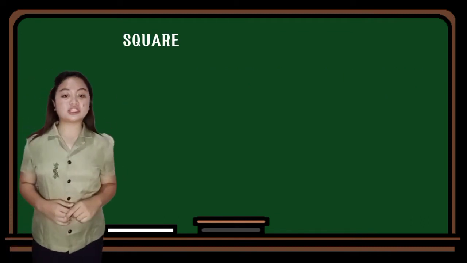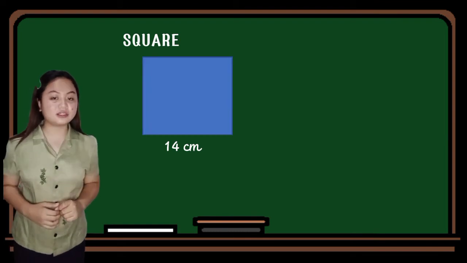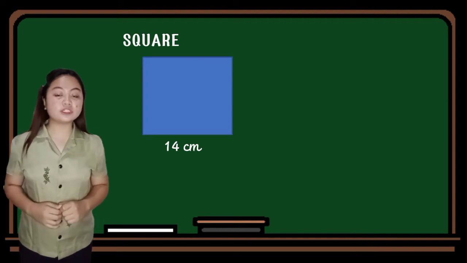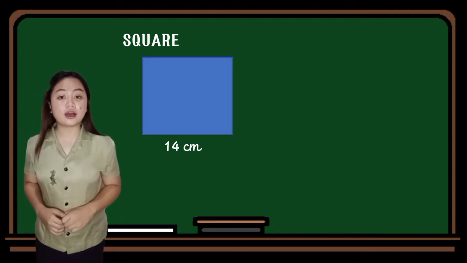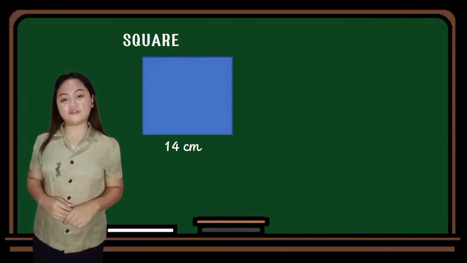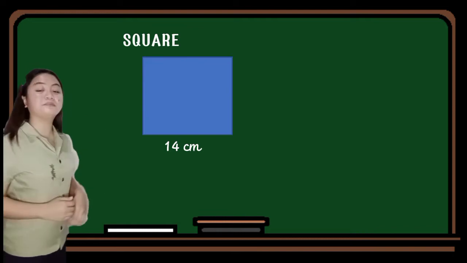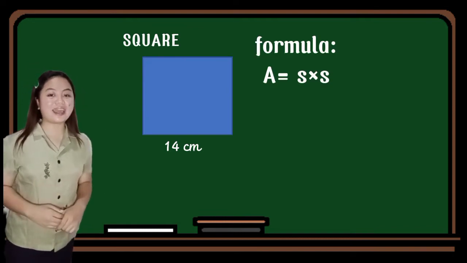Let's have first a square. Given a square having the side of 14 centimeters. As you can see, every side of a square has the same measure. So what is the formula on how to find the area of a square? Okay, so we have area is equal to side times side.